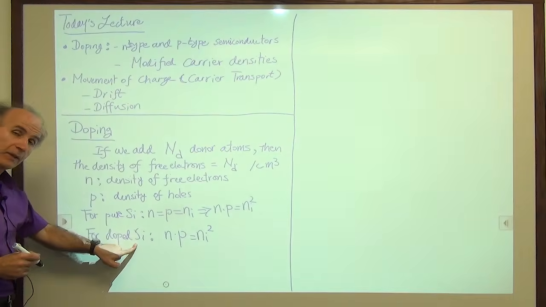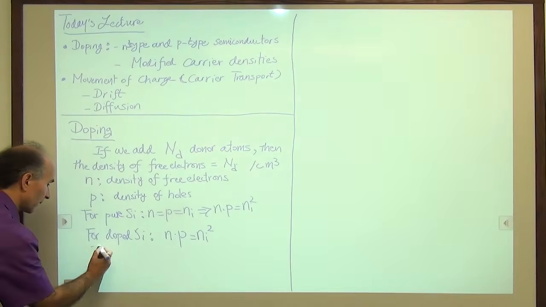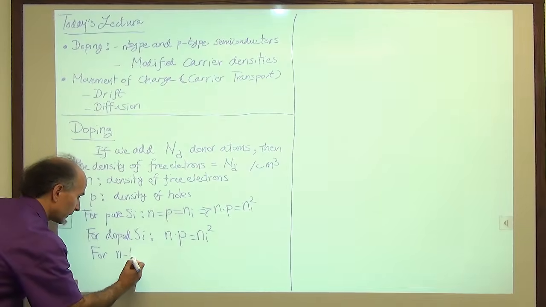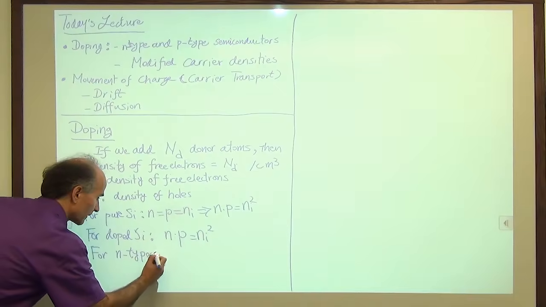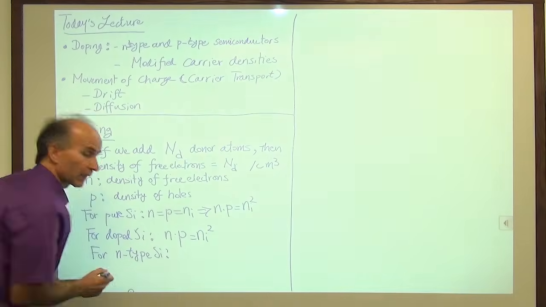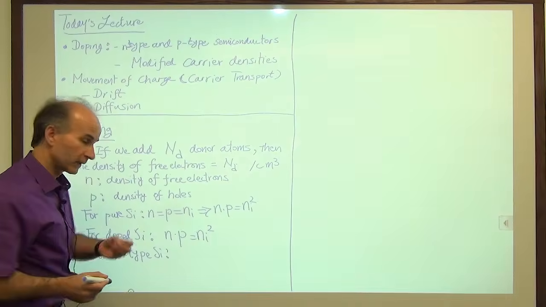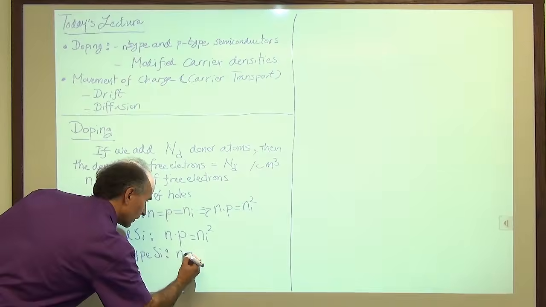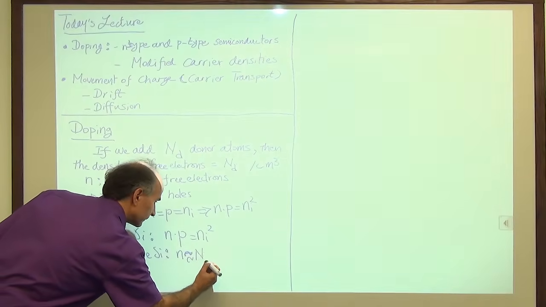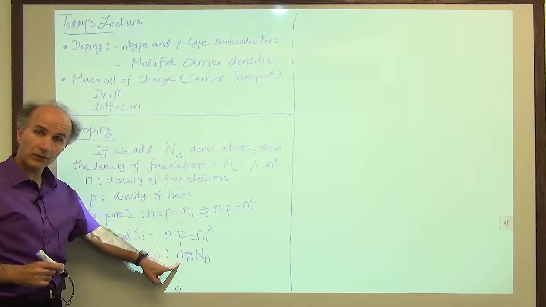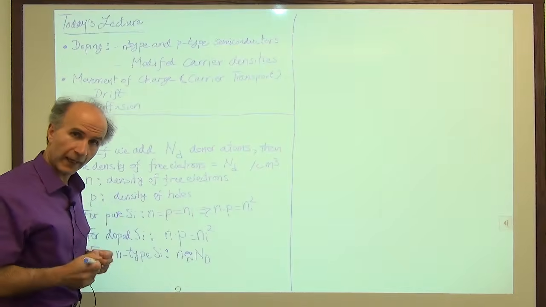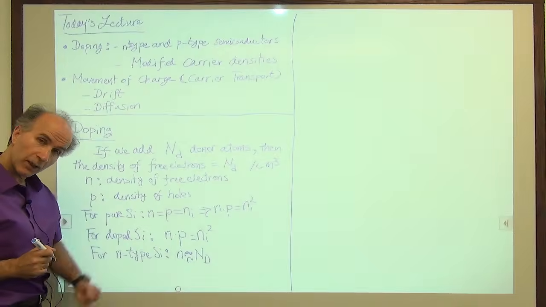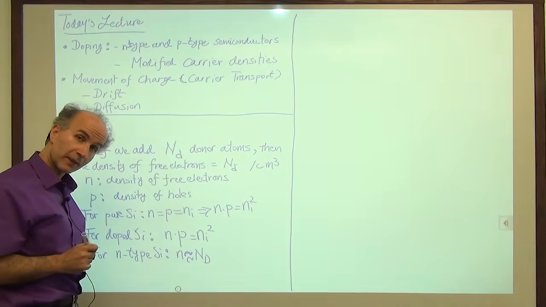So for doped silicon, and more specifically for N-type silicon, silicon that is doped with a donor, we observe that N is approximately equal to Nd. The number of free electrons is approximately equal to the number of phosphorus atoms that we added. So far so good, as we said before. But if I go back to this equation, it predicts something else that's interesting.